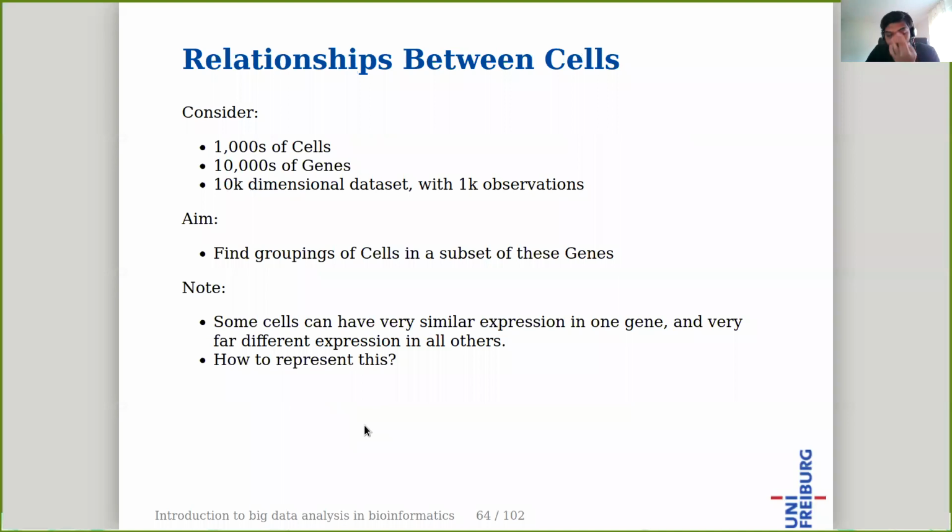And now after normalization, what we have, as I said, is the count matrix that contains thousands of cells and tens of thousands of genes. That's a matrix of tens of thousands of dimensions with thousands of observations. Cells are generally called observations in single cell terminology. Our aim is to find groups of cells that can be clustered together based on the expression levels of a subset of these genes.